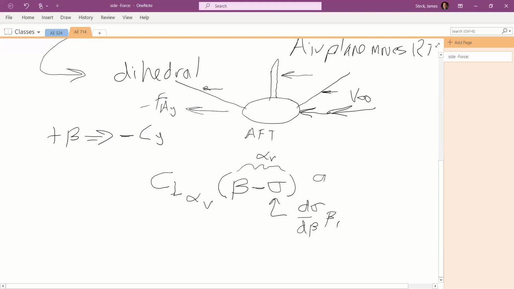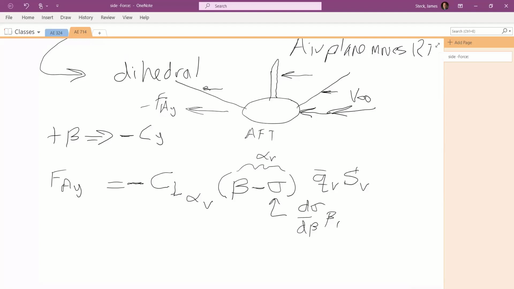And then, of course, we have to multiply by the dynamic pressure and the area. And this gives us an aerodynamic side force in the y direction. And it's negative, correct? Because the positive beta gives a negative side force.